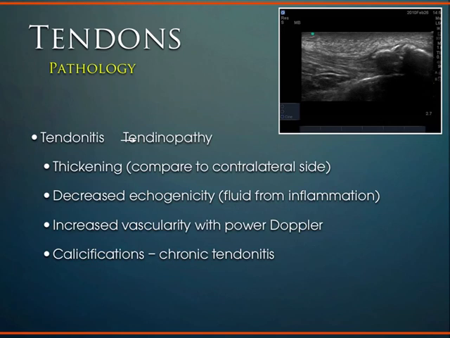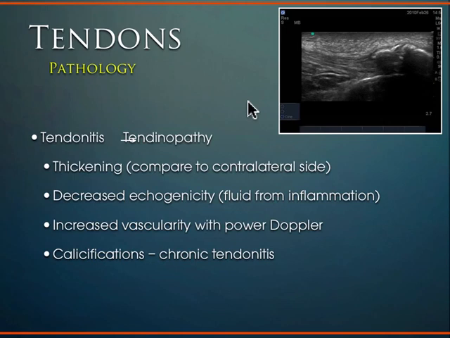Now, when we look at pathology with tendons, putting it in the clinical perspective of the patient, we ask: is this tendonitis, or is this somewhere along the spectrum over to what we call tendinopathy, which is more chronic disorders in tendons. Tendonitis is just that acute, inflammatory process, with lots of inflammation and swelling.